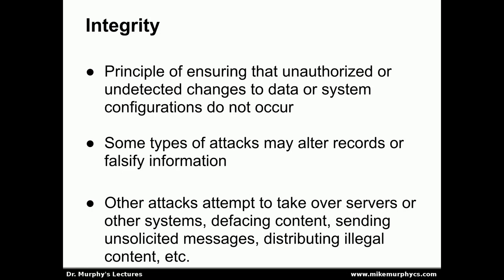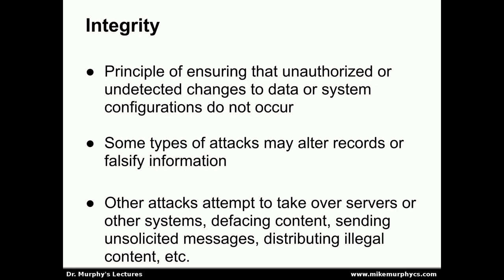The second principle of the CIA triad, integrity, is the principle of ensuring that unauthorized or undetected changes to data or system configurations do not occur. There are types of attacks that attempt to alter records or falsify information, often in furtherance of other criminal activity, such as fraud. Other attacks, however, attempt to take over servers entirely.